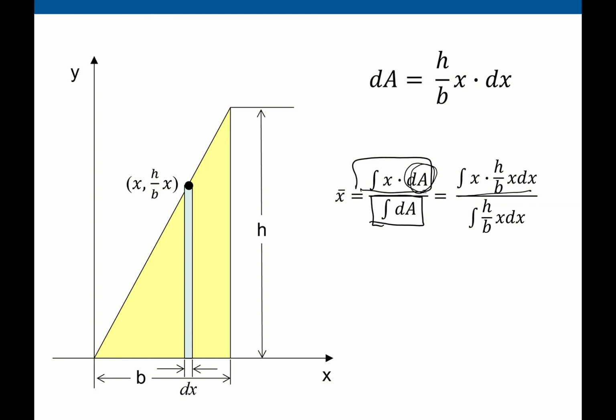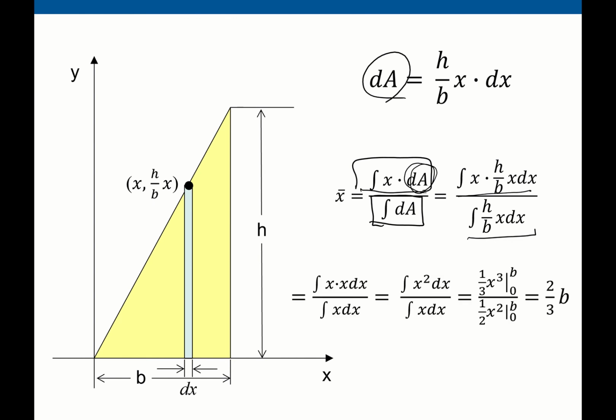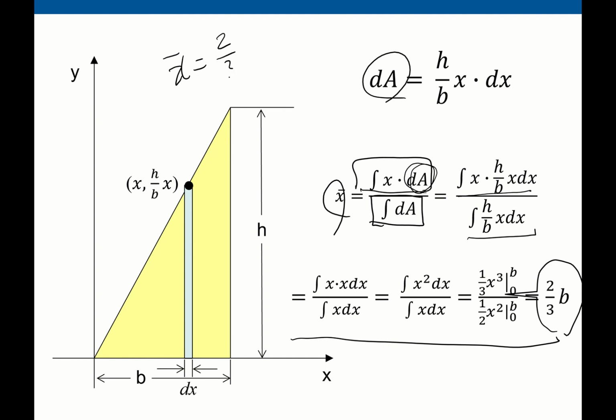So it is the integral of x times h over b x times dx, and the denominator is the integral of the differential area, h over b x times dx. Now we can solve this using the integral, and we find that x bar is 2 over 3 b. You can find the equations.